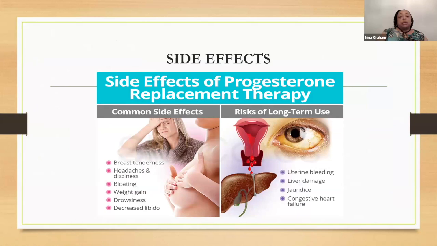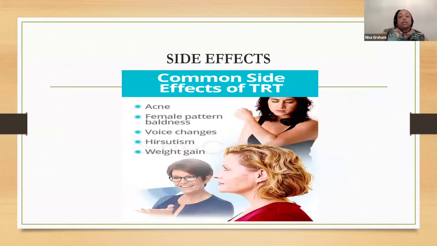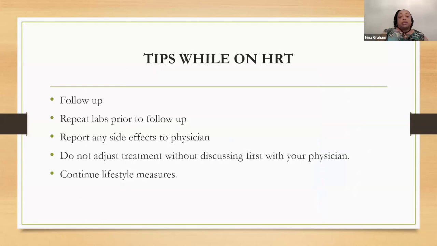Those are the main ones that most of my patients have, but these are the other common side effects of those hormone replacement therapies. And again, for testosterone replacement, of course, you have weight gain, male pattern balding, acne.